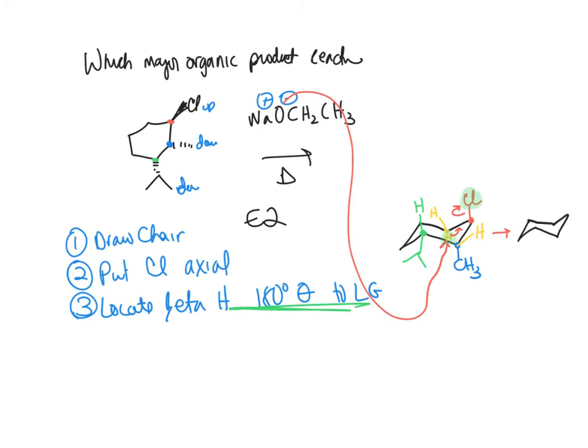You can draw your chair like this, but then you need to be able to convert it to the two-dimensional drawing. So that would be with the dashes and wedges. So if we make this our carbon-carbon double bond, then this carbon here would be CH3 down, this carbon would be down.